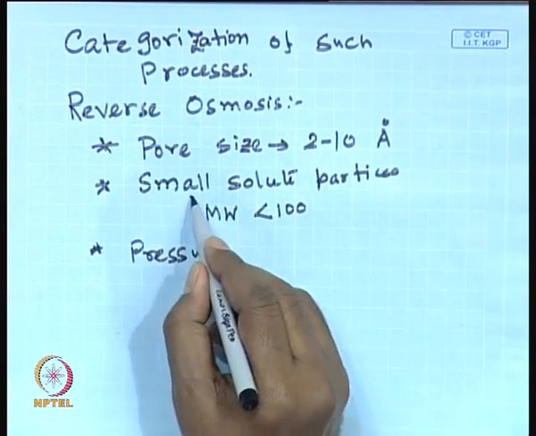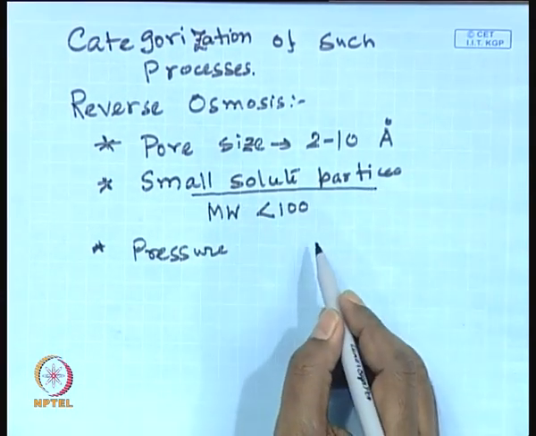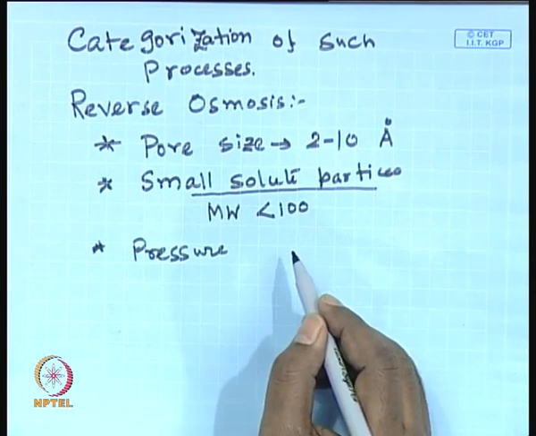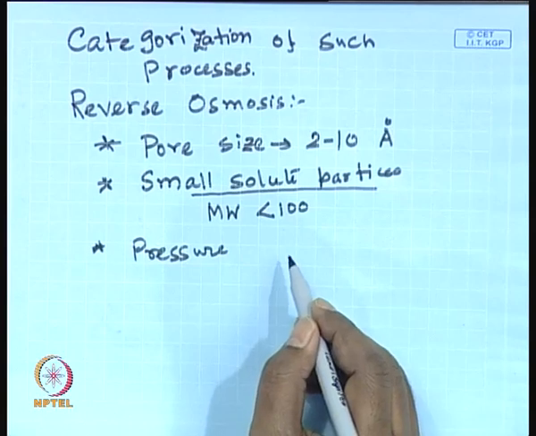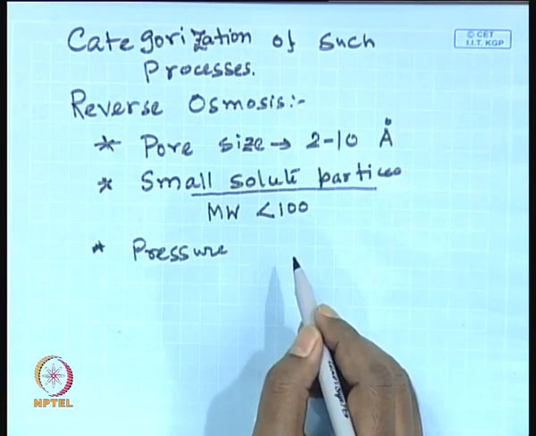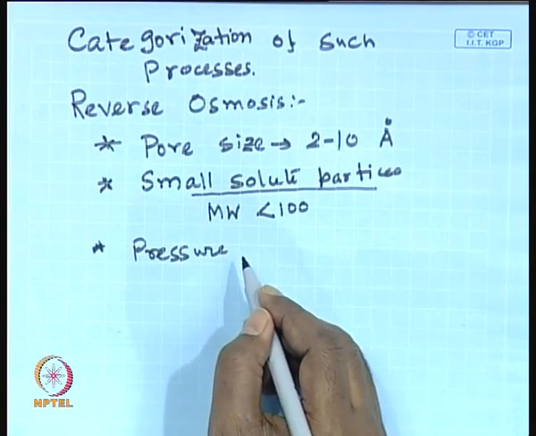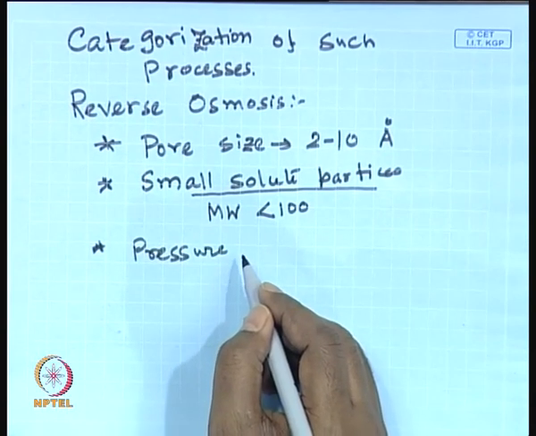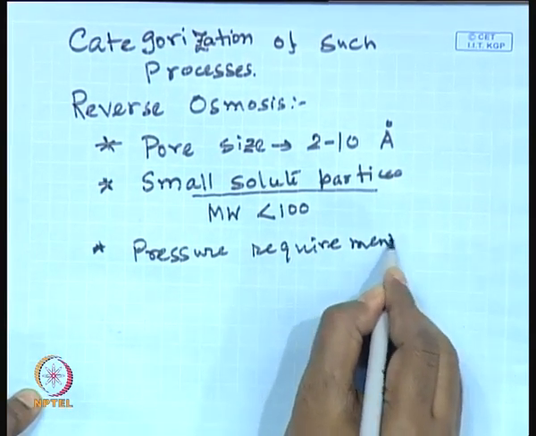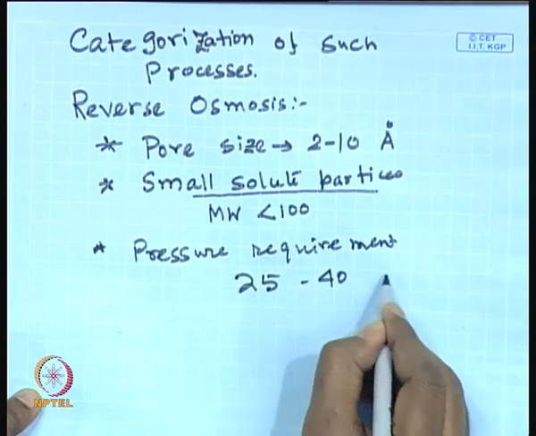So here, because of that particular property, since we are talking about small sized solute particles, the osmotic pressure becomes pretty high. Now, in case of reverse osmosis, as we talked about in the last class, you have to apply pressure on the feed side to overcome the osmotic pressure, right? Then only the first drop of permeate will come in the downstream side. So the pressure requirement in reverse osmosis is the highest, because it has to overcome the very high osmotic pressure. The pressure requirement is in the order of 25 to 40 atmosphere.